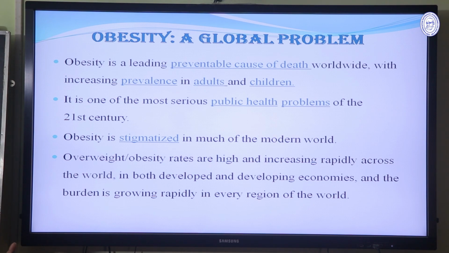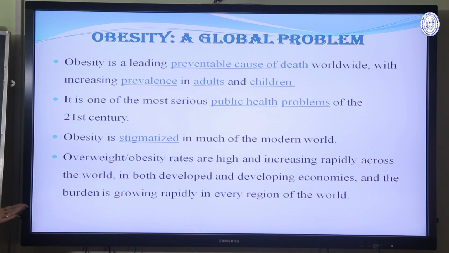Because obesity can be prevented if it is detected at an early stage, and it is a cause of death because the complications, or the comorbidities associated with obesity, are numberless. That may contribute to mortality, or even if not mortality, to low life expectancy. So, it is known as a preventable cause of death.